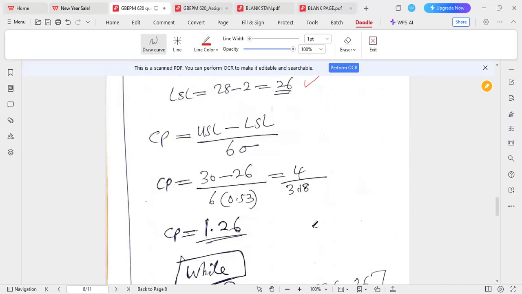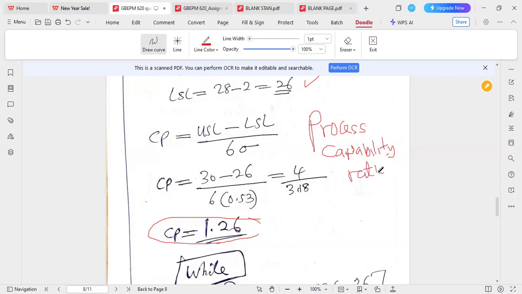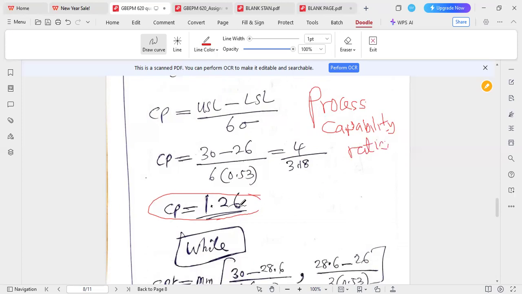Substituting here, we have 1.26 as the process capability ratio. Okay, so we are getting 1.26.